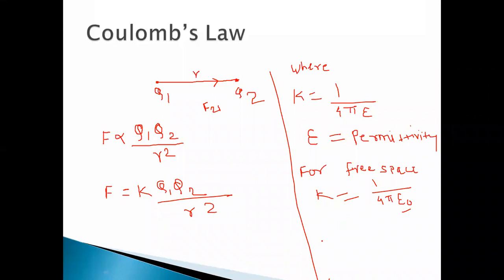So we can write the equation for force as F is equal to Q1 Q2 divided by 4 pi epsilon 0 into r square. This 4 pi epsilon 0 is your constant.